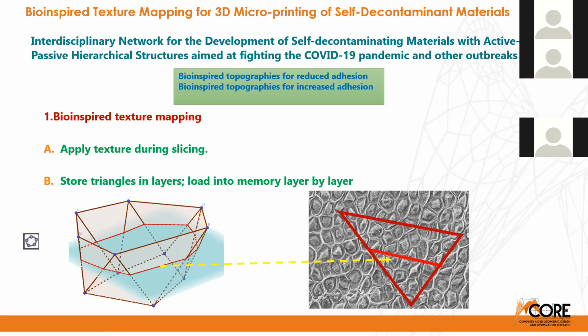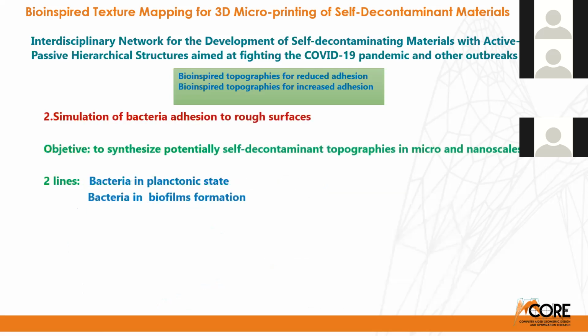Some data structure that allows us to take only a layer of triangles. So this is something that we are working on. This is the first line of research. The other line of research is the simulation of bacterial adhesion to rough surfaces.